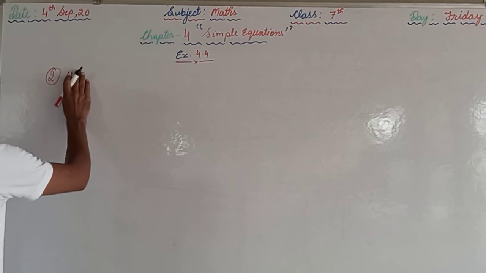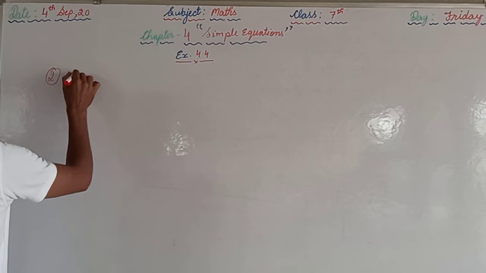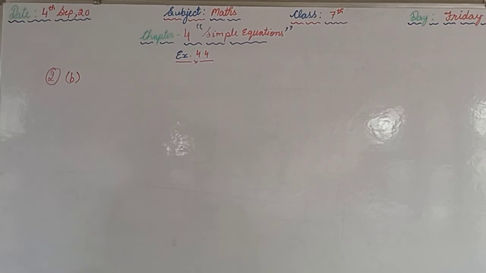First of all we should read the question. I hope that all of you have your books alongside you. Question number 2, part B, on page number 91. In an isosceles triangle, the base angles are equal and the vertex angle is 40 degree. What are the base angles of the triangle?